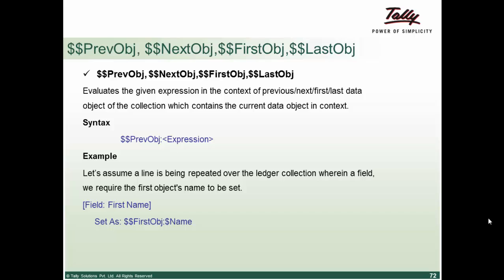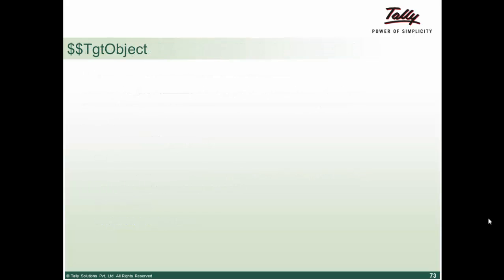It's an assumption that the line is being repeated over a ledger collection, where we require the first object name to be set. So when you want the first object name, I say $first obj : $name. As per my collection of ledger, whichever is the first ledger name is what will get retrieved in this first name field.